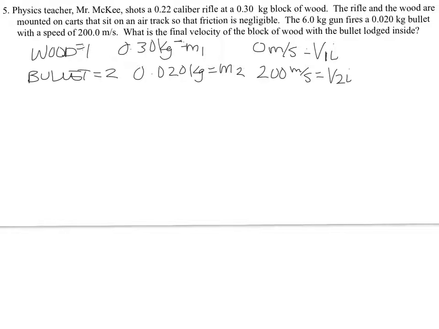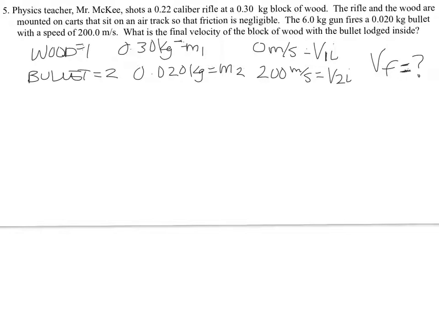Now the bullet ends up sticking inside the wood block. So that means their final velocity together is the same. We don't know what that final velocity is after the bullet hits the wood and they go moving together, but we know it's the same because they're sticking together, right? That bullet is going to be lodged inside of that piece of wood.